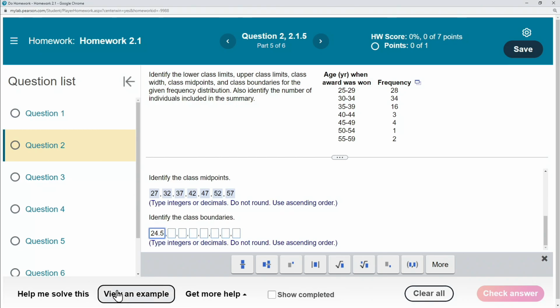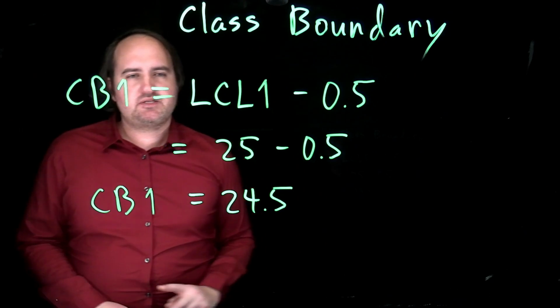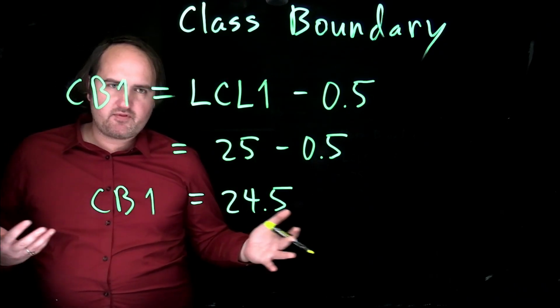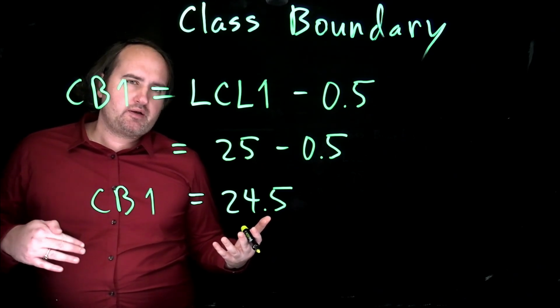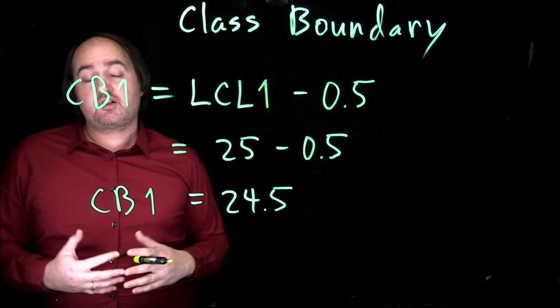But another way that I like to do is, and it's pretty mindless, is to get all the other class boundaries, you just repeatedly add the class width. Just the same way you would when you wanted to find all the lower class limits, all the upper class limits, or all of the class midpoints.